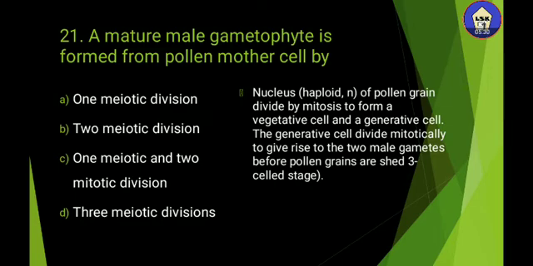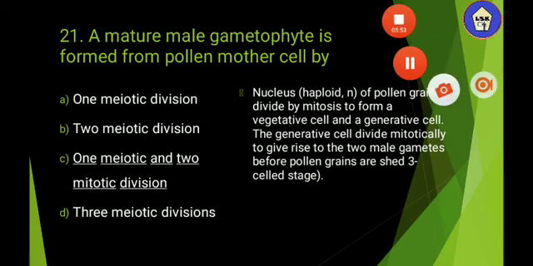So one meiosis produces 4 pollen grains, and in each pollen grain the nucleus of the microspore undergoes one mitosis, forming 2 cells, the vegetative cell and the generative cell. Then the generative cell nucleus undergoes one more mitosis. So the second mitosis leads to the formation of 2 male gametes. So the answer should be option C.